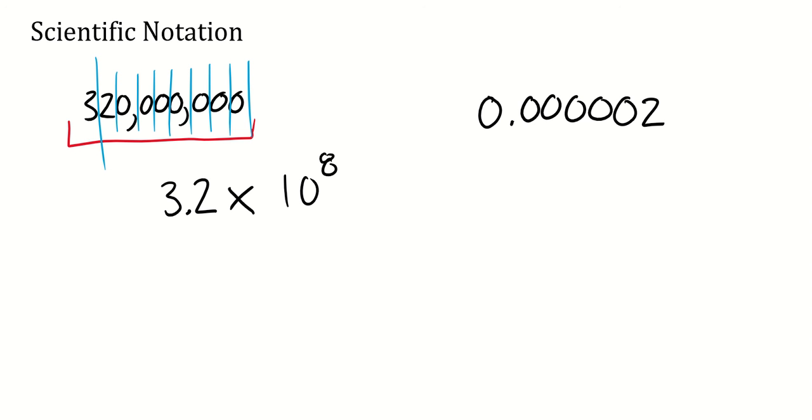So I can do something very similar for small numbers as well. This number again is not written in scientific notation, but if I was to write it in scientific notation, I know it would involve a 2.0, and it turns out that I need to multiply this by powers of 10 also, but powers of 10 raised to the negative 1 power.